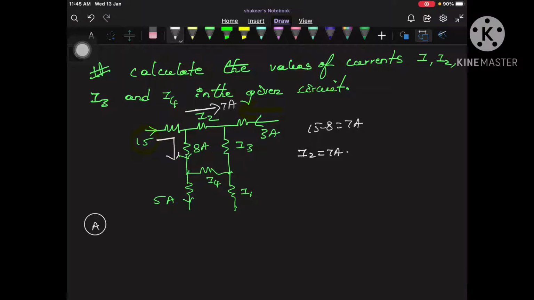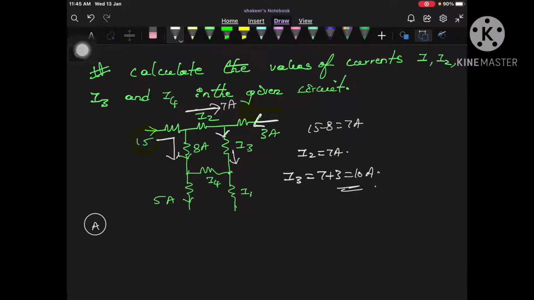Now if this is the direction of 7 amperes of current and here 3 amperes of current is entering, then the total current entering should equal the total current leaving the junction. So this 7 plus 3 entering this junction will become I3 and flow in this branch. Therefore I3 is equal to 10 amperes.